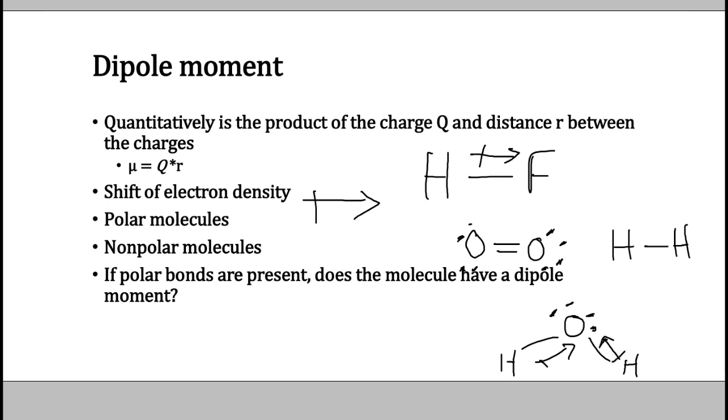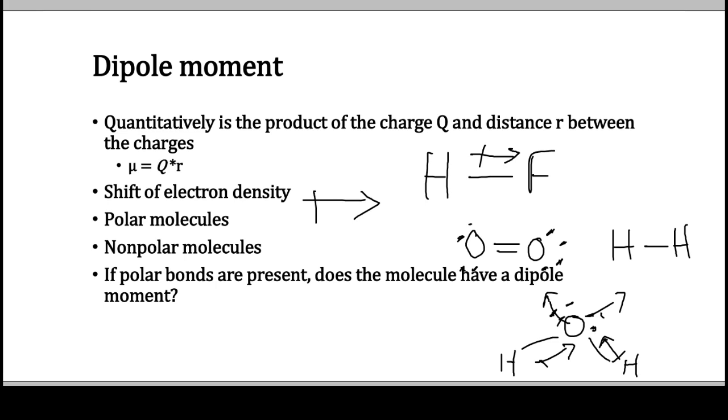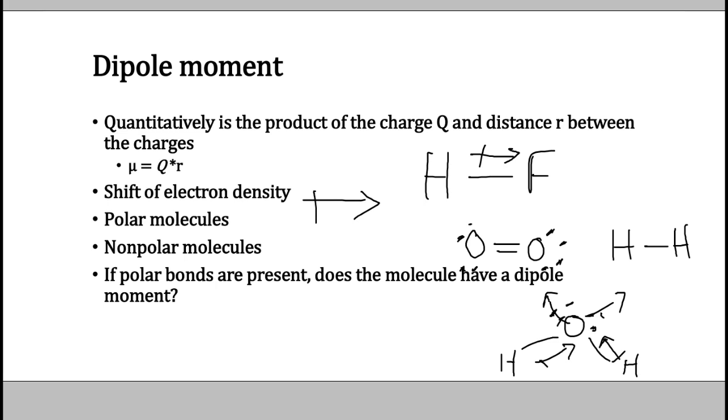Okay, but then what do we do with the lone pairs? Well, whenever there's a lone pair, we are going to draw this dipole going away from that central atom towards the lone pair. So in this case, as we look at all the dipoles on water, none of them are canceling out. So we end up with a net dipole that looks like this. Okay, so in this case, there are polar bonds and the molecule is polar.